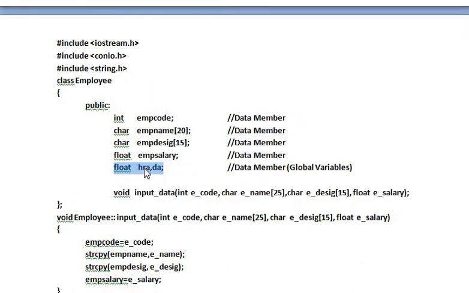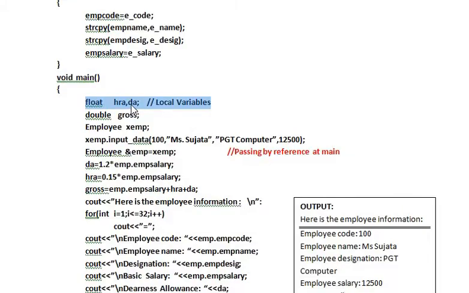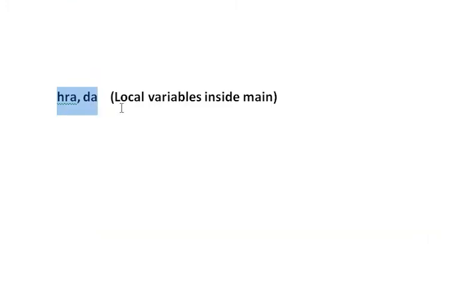But these two HRA and DA variables, since they are outside of the main function, shall be treated as global variables. Now the question is, how can you distinguish between these two global variables HRA and DA and these two local variables HRA and DA? The local variables of HRA and DA inside the main function shall be represented exactly like this.